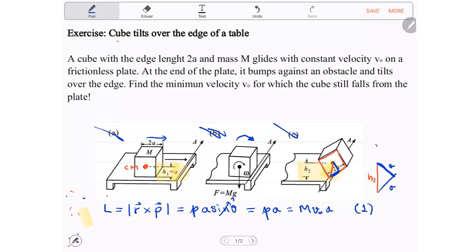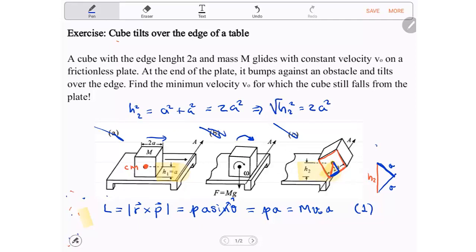By geometry, it's straightforward to know that H2 squared is equal to A squared plus A squared by the Pythagoras theorem. And this is equal to 2A squared. Then H2 squared is equal to 2A squared.